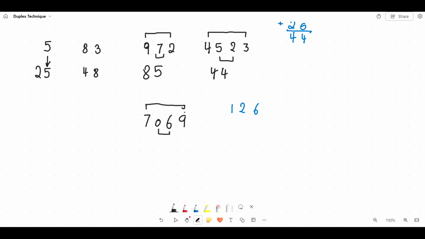Try to double it, still remains a 0. So you don't need to add anything. So duplex of 7069 is 126. And so on and so forth for all 4-digit numbers. Now I hope you can guess the technique which we will use for the 5-digit number.